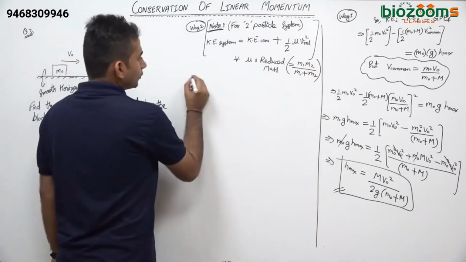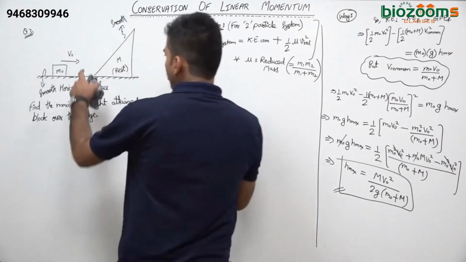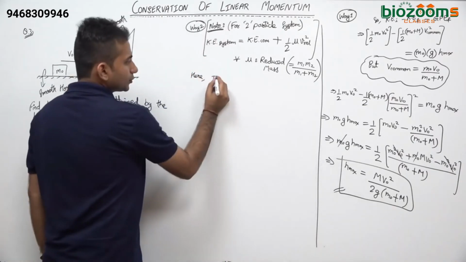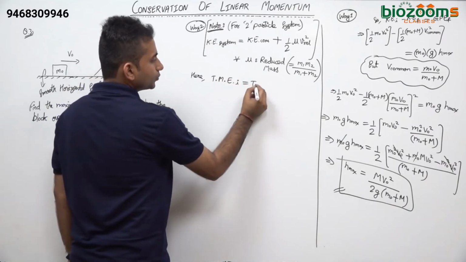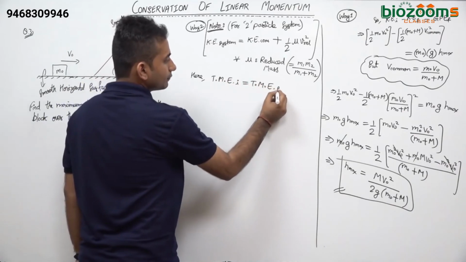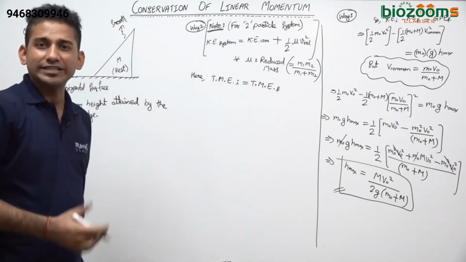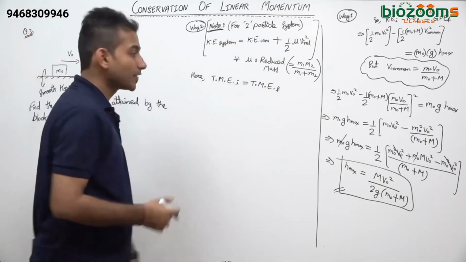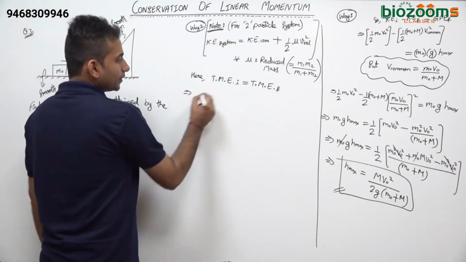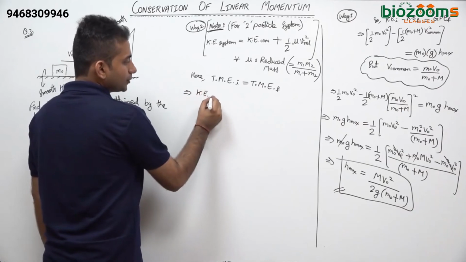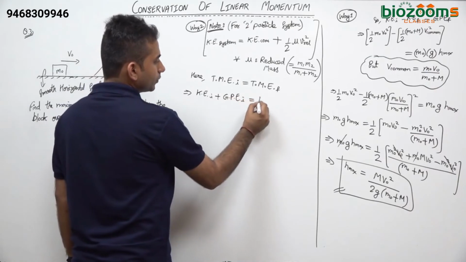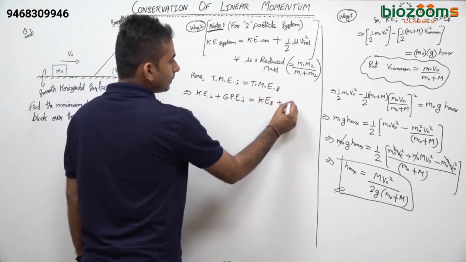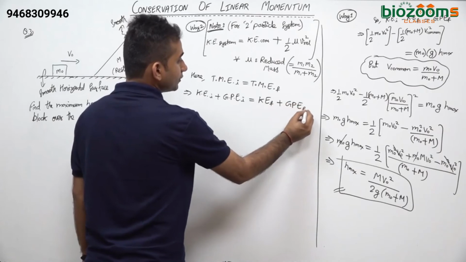Right? Now can you write here in this particular problem, the total mechanical energy initial must be equal to total mechanical energy finally, since there are no dissipative forces inside the system. And if that is so, can you write kinetic energy initial plus gravitational potential energy initial, that is to be equal to kinetic energy final plus gravitational potential energy final.